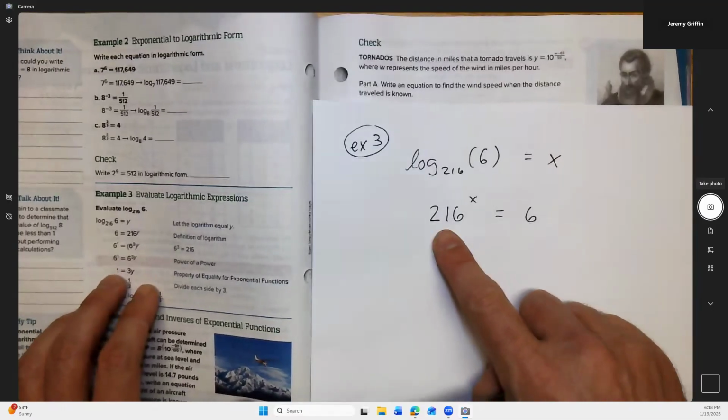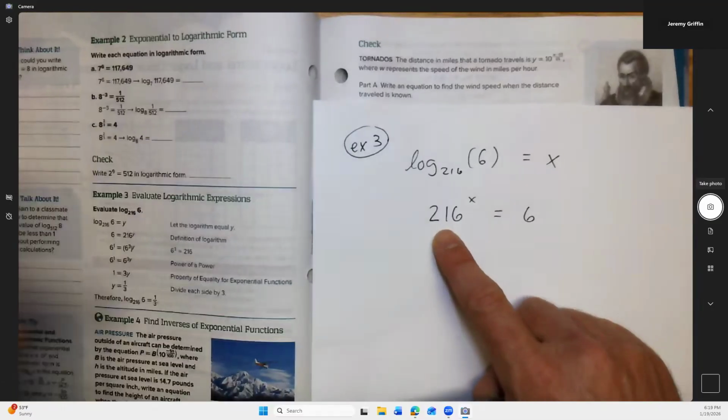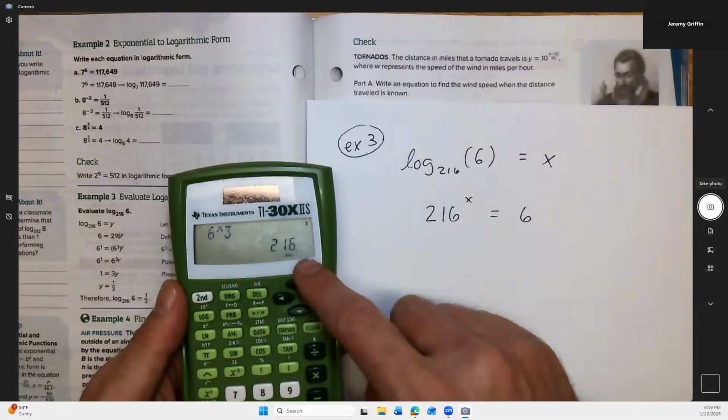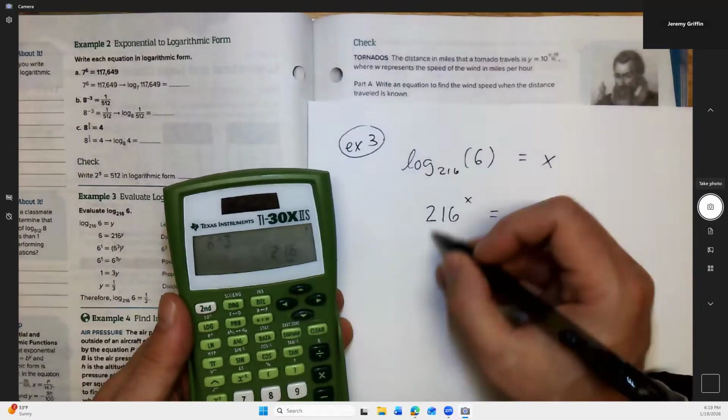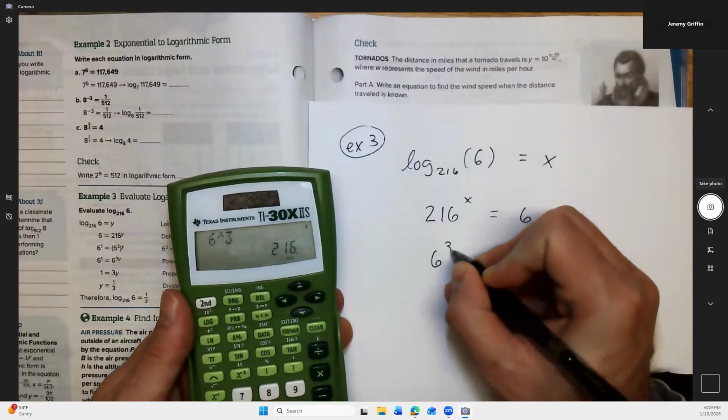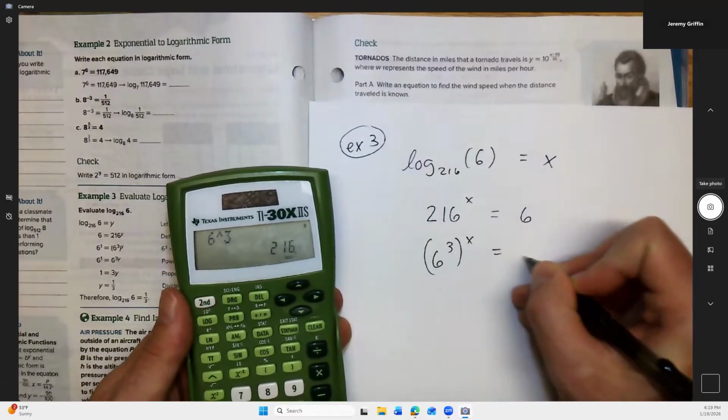So now what? Well, 216 looks like 6 to some power. What's 6 to the power of 2? Actually, no, it's 6 to the 3. So I'll replace the 216 with 6 to the power of 3, still to the power of x, equals 6.